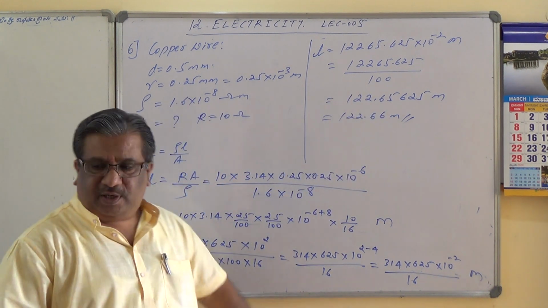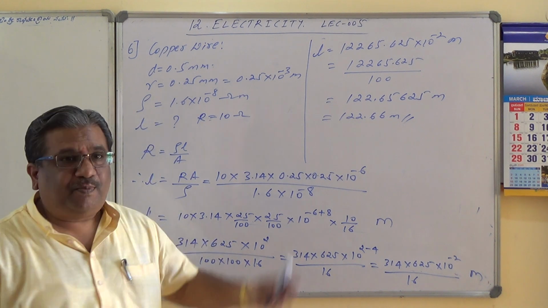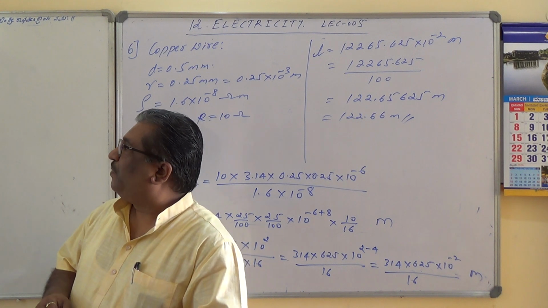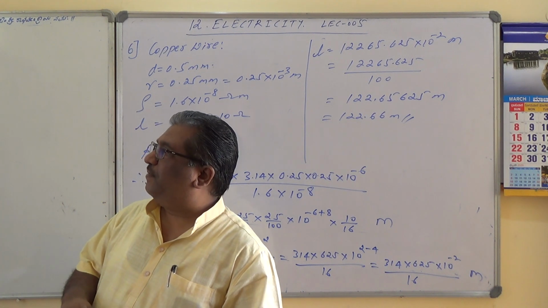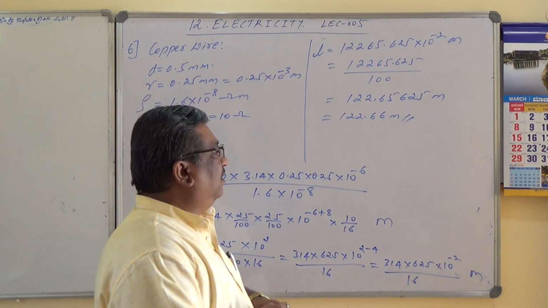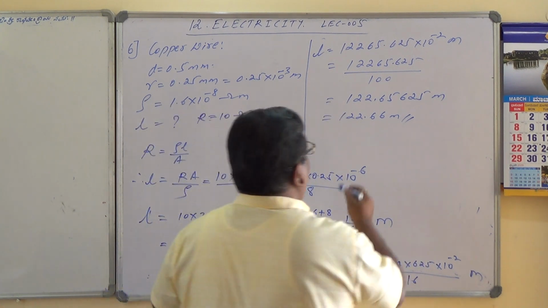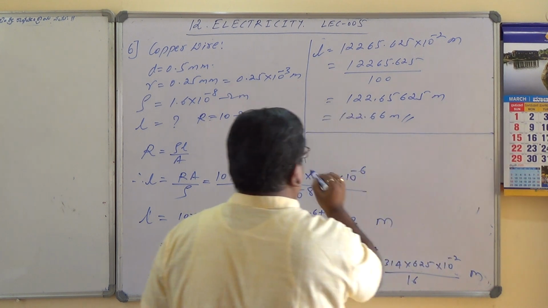Okay, fine. The second question is very important, please. A lot of calculation is involved. Therefore, next is, how much does the resistance change if the diameter is doubled? What is the question here? How much does the resistance change if the diameter is doubled? See here, we'll try to analyze this one.